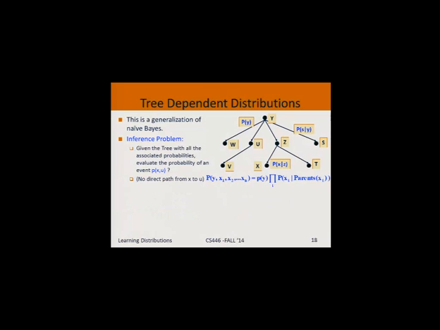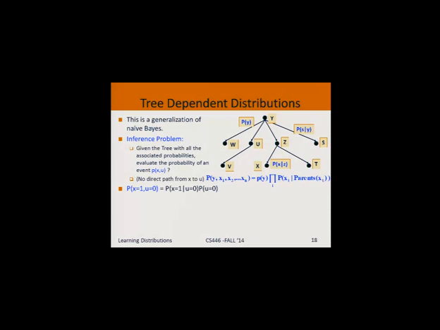Last question is, if I have x and u, where x is not a descendant of u. So what I'm going to do here is the same thing as I did before. I'm going to try to find a joint parent, and I always have one because it's a tree.